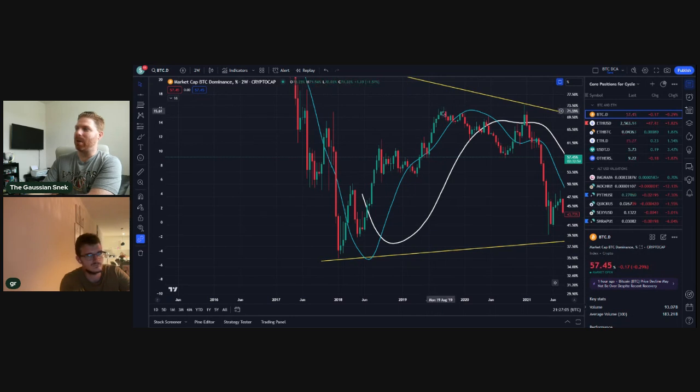I think this is a gravestone doji. Very bearish candle, even though it's green. Then dominance kind of just didn't really do a whole lot. It just kind of went sideways. And then it had its first really nasty period from December of 2019 to February of 2020.